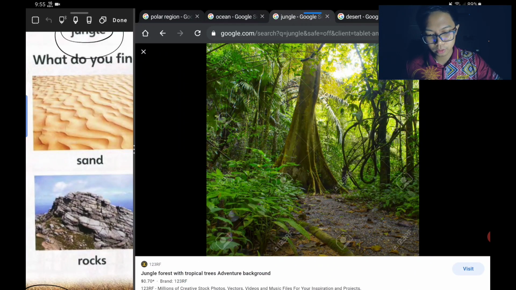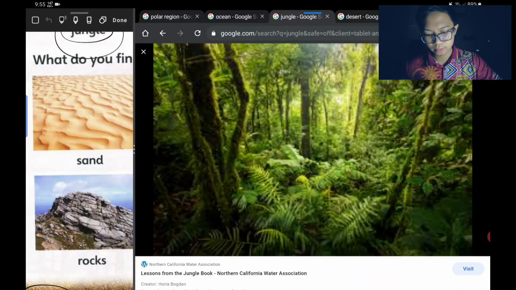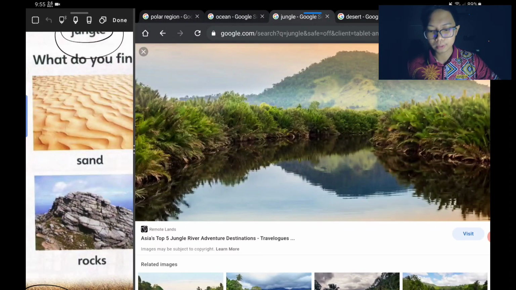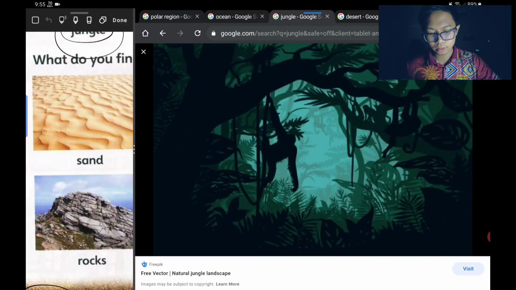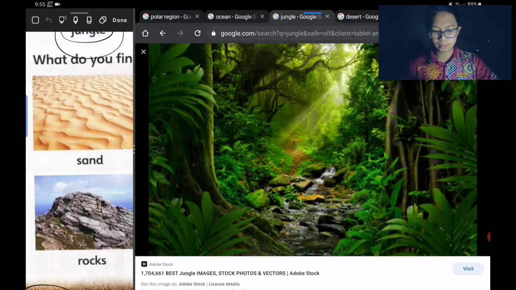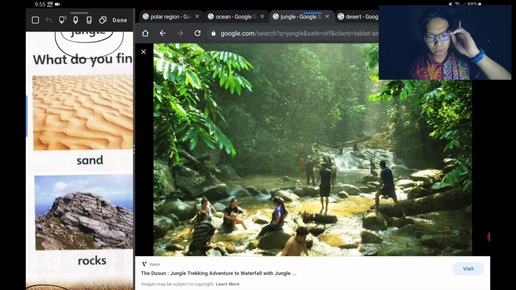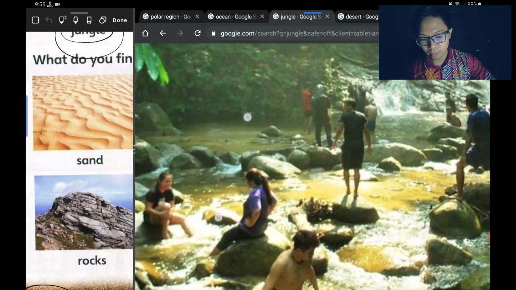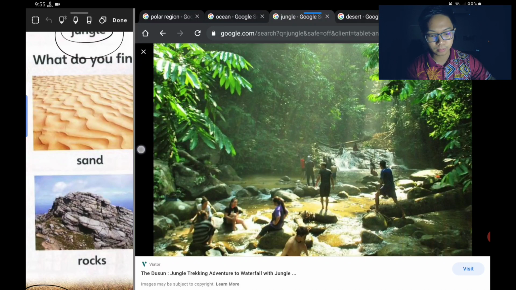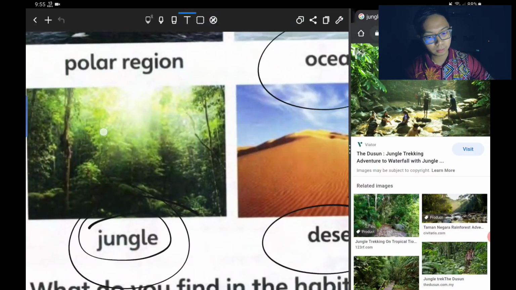So lots of trees, huge tree, pokok yang besar. Lots of plants, green plants. The river. Is there a monkey? Small river. So this is the jungle. They're enjoying themselves. Okay, picnic, I think.